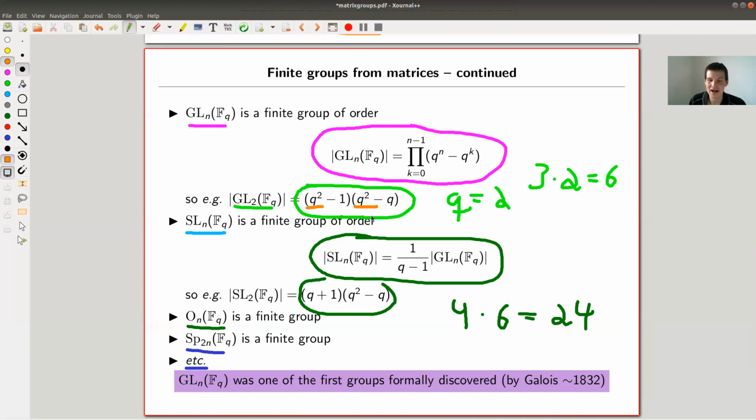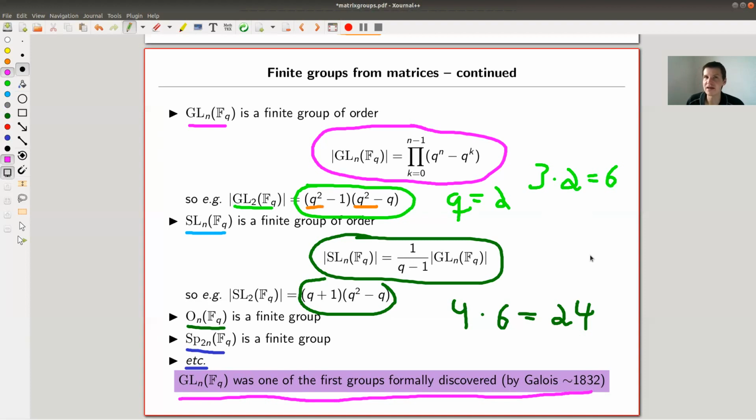Of course not. A fun fact, and then I'm done, is that Galois himself actually discovered those groups a long time ago, which kind of explains why these are very natural groups. Of course, people knew symmetric groups or cyclic groups before.